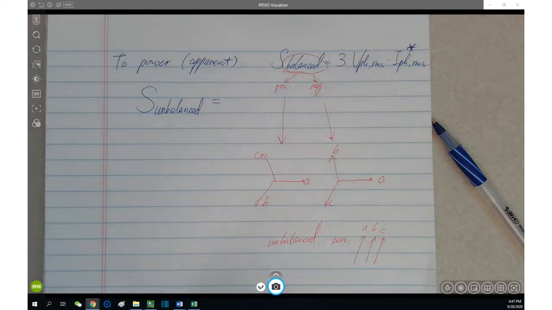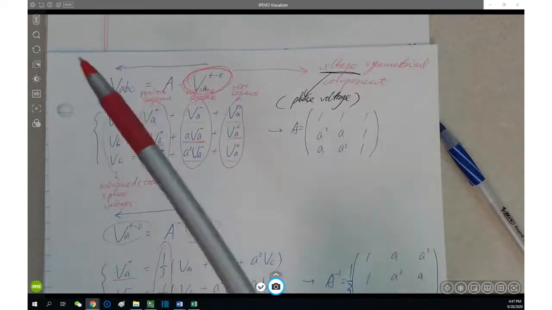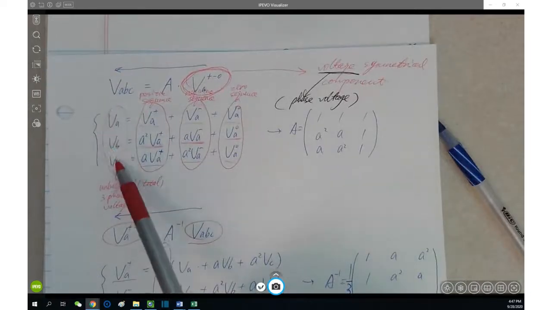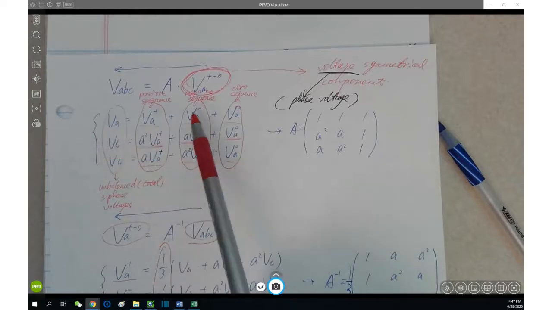Well, just like we previously saw, when you talk about voltage, each phase's total unbalanced voltage consists of three sequence components, right?